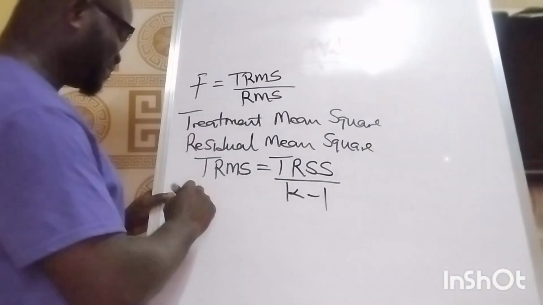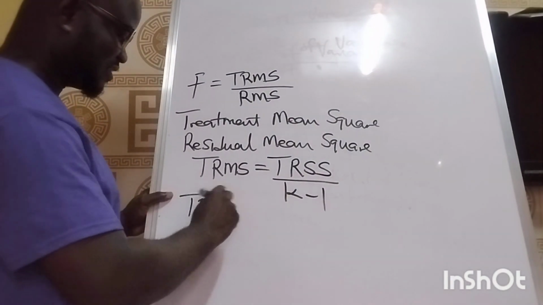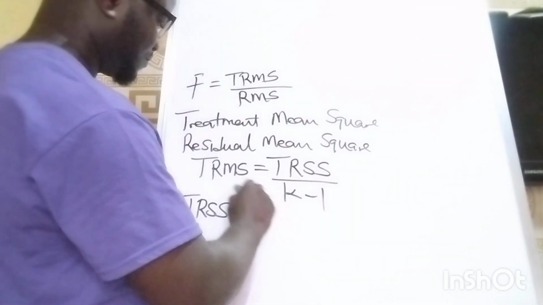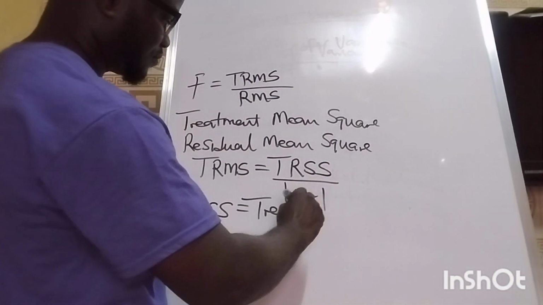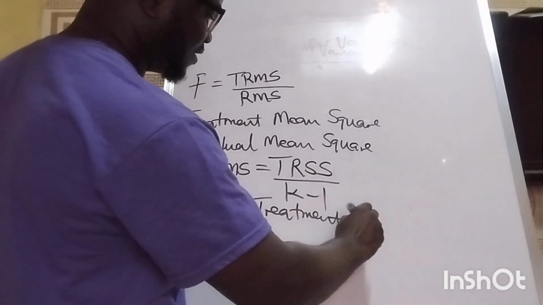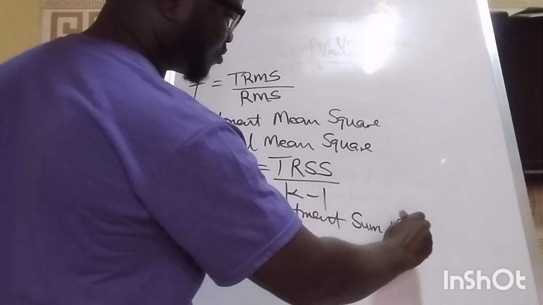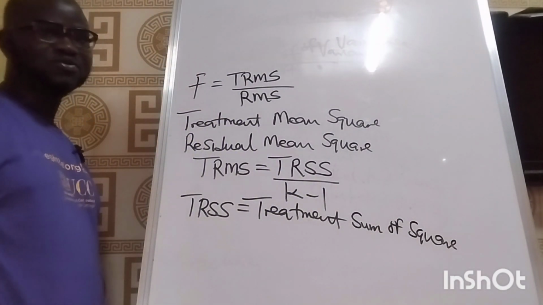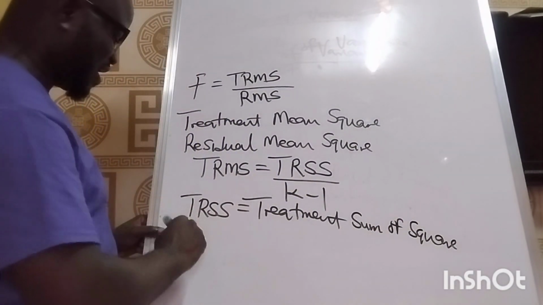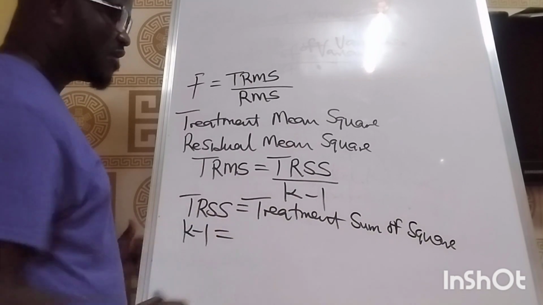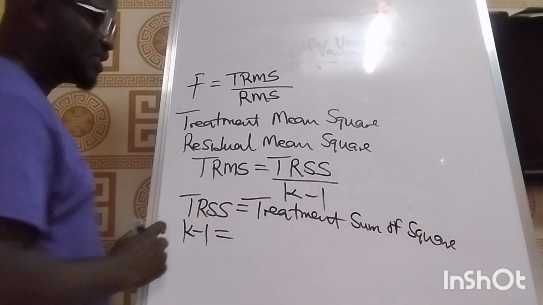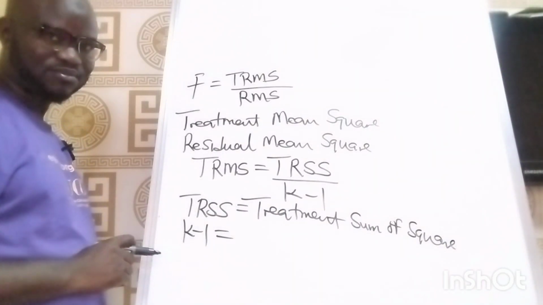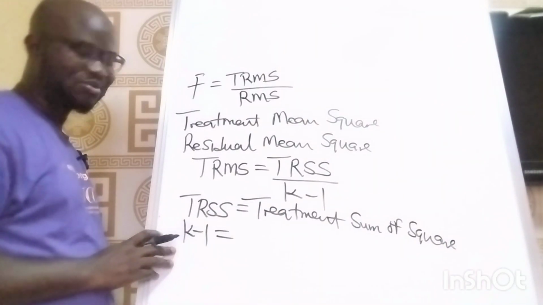And also, TRSS is the same thing as treatment sum of square. While the K minus 1, which is constant, is equal to degree of freedom for treatment, right?